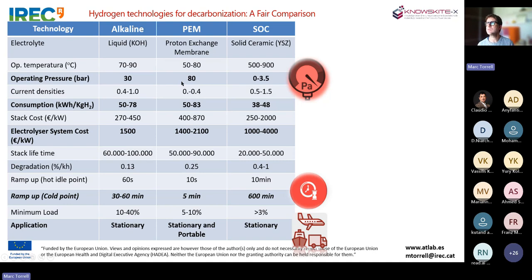If we want to use this hydrogen for storing, or for the production of any other added value product or any industrial process, usually this process goes with pressurized inlet. So the fact that we have to pressurize the hydrogen after generation in the solid oxide cell is a disadvantage compared with the rest of the technologies.